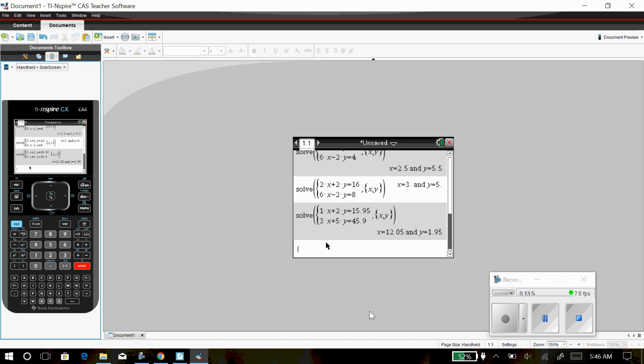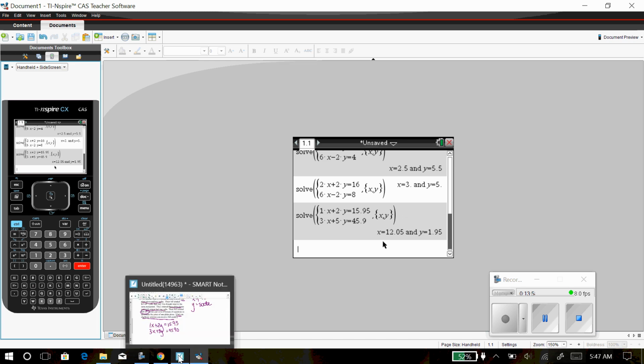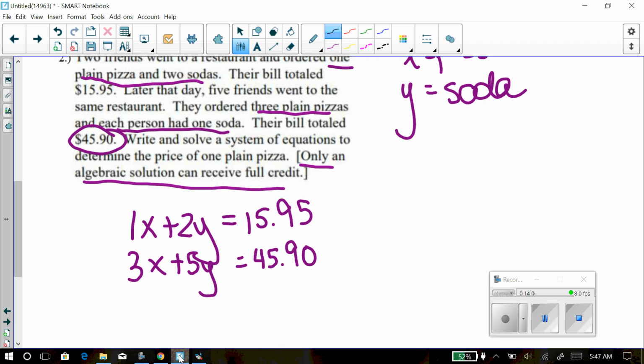So this tells you that x, which is the price of a pizza, is $12.05, and that y, the price of a soda, is $1.95. Okay, so that would get you some credit if you say a pizza is $12.05. So that would give you some credit if you do it in your calculator.